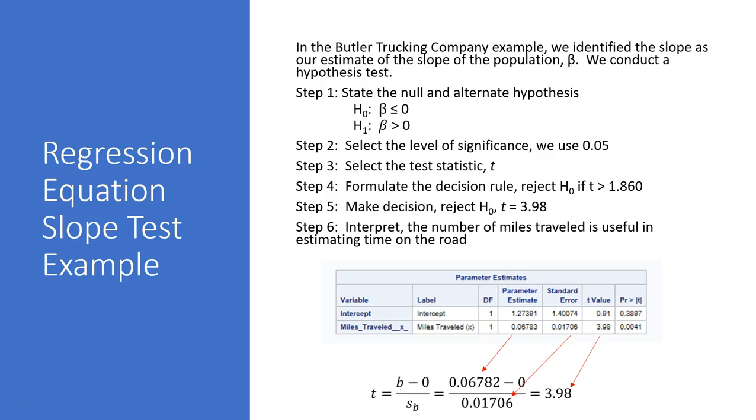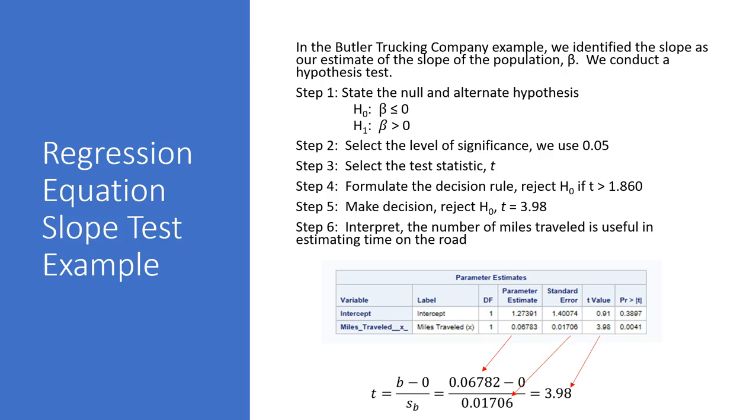Okay. So since we're just comparing two values like this, we're going to use the test statistic t from what we did before, and we're going to find the critical value from our t-table with our degrees of freedom being n minus 2, so 15 observations minus 2 gives me 13. And so with a significance level of 0.05, we have a critical value of 1.860.